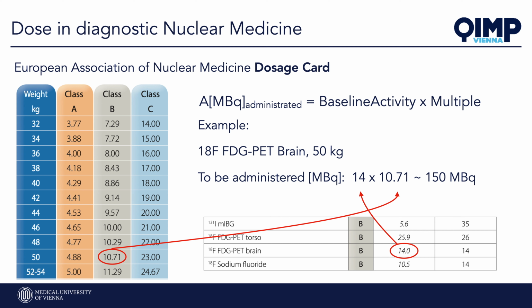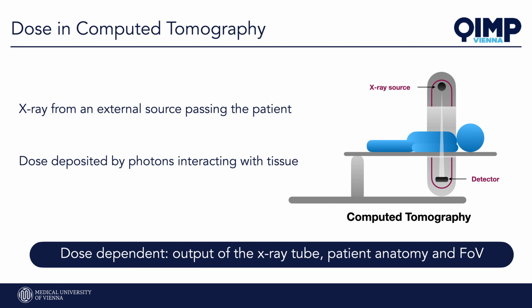But we know that we also have the CT that we need to take into account. Dose in computed tomography is similar. The X-rays from an external source pass through the patient, and on their way, the dose is deposited by the photons interacting with tissue when passing through the body.